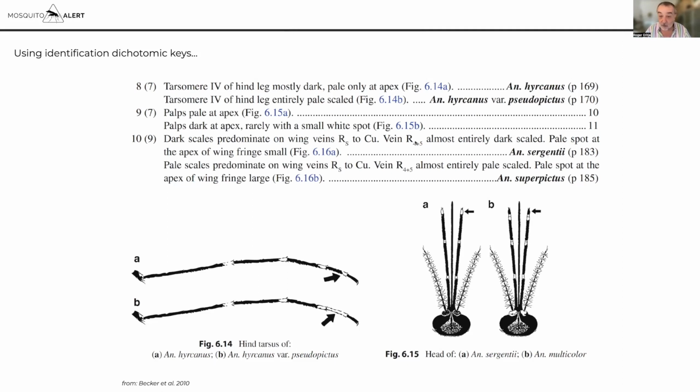If you have all these characteristics together, then you have Anopheles argenteus. Otherwise, if you have all these other characteristics, then you have Anopheles superpictus. If you don't have either of these two situations in your specimens, it means you messed up somewhere in the previous steps and made a bad decision. This is like a phylogenetic tree, just a tree-like process to get to the final determination.